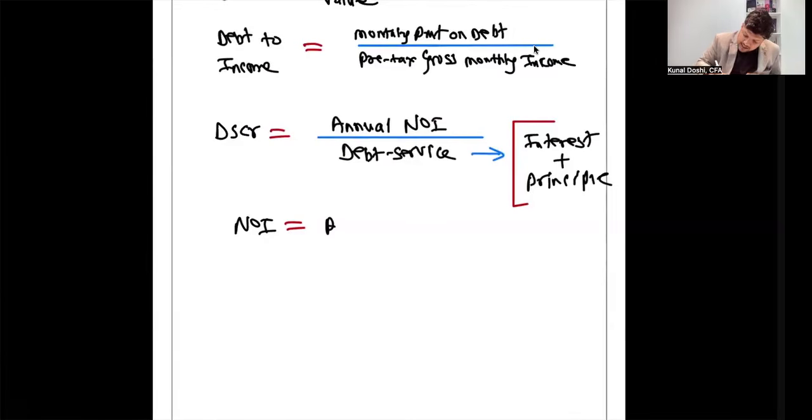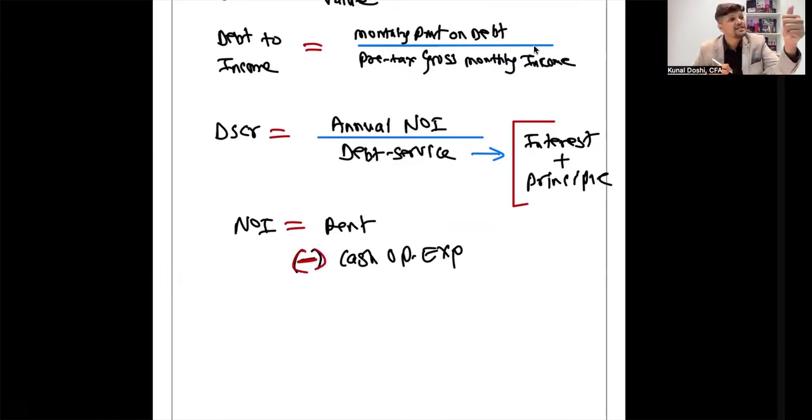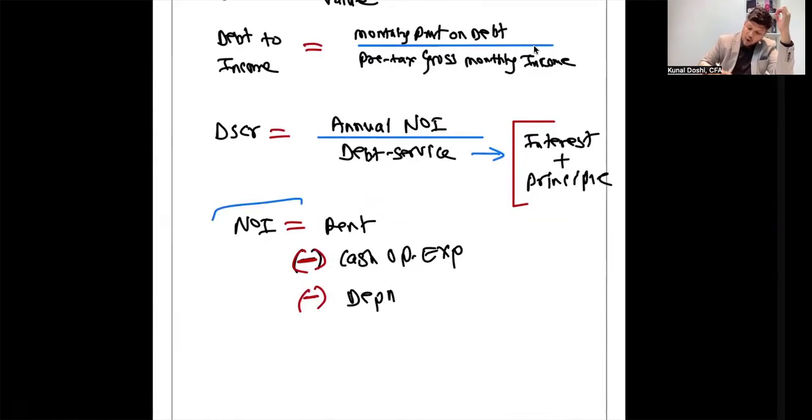Okay, so we will take the rent minus what? Cash operating expense. Now, just for your reference, I know it may not be needed in level 1, but cash operating expense includes maintenance, repairs on your property, correct? And we also subtract depreciation. Okay. All of this is your NOI.